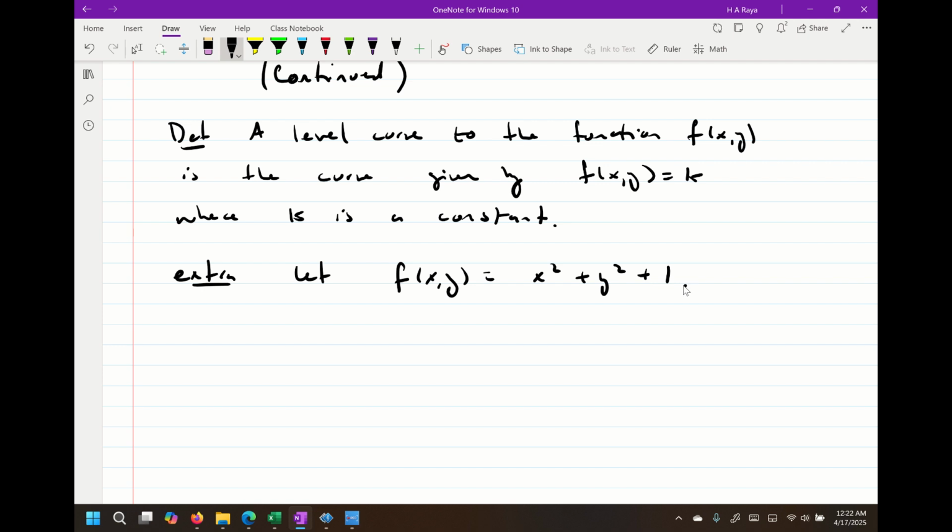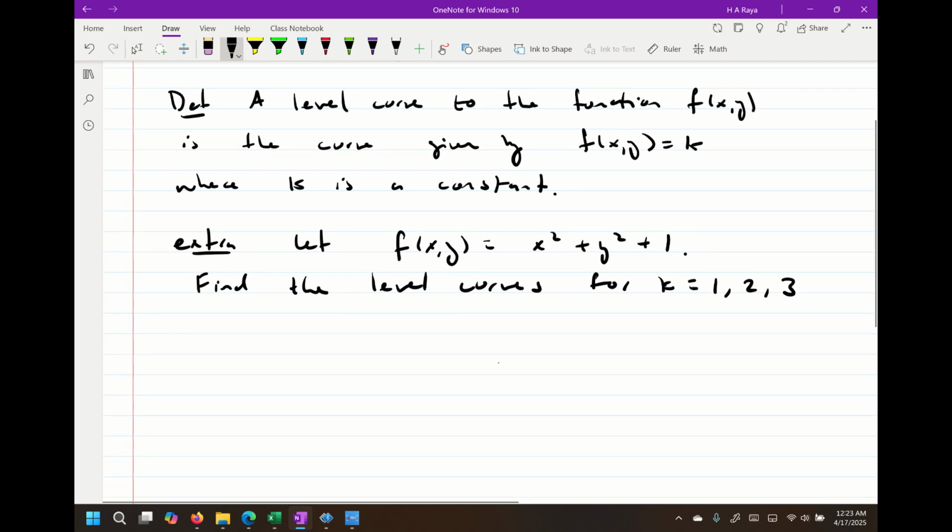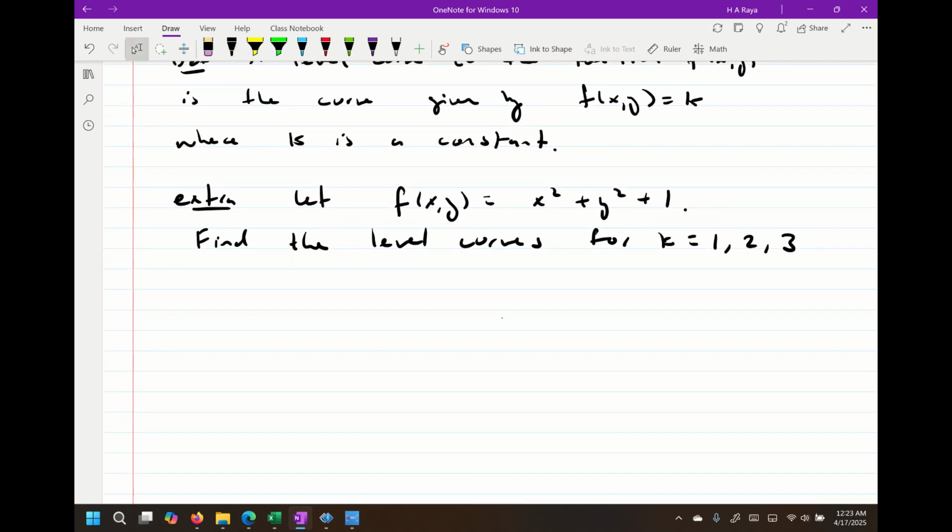And suppose that we are trying to find the level curves for the values of k equal to 1, k equal to 2, and k equal to 3. So, actually, let's throw 4 in there. I think 4 level curves would probably be a better way to display this.